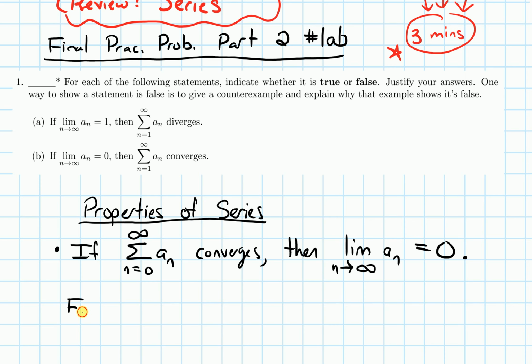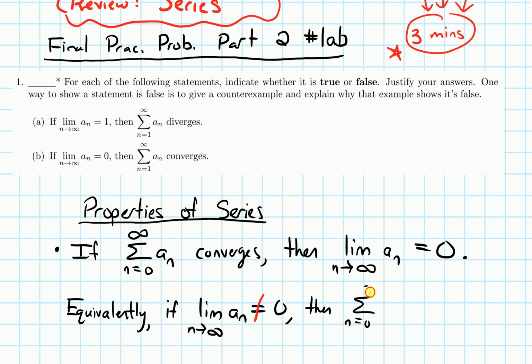Equivalently, an equivalent way to say this is, if the limit as n goes to infinity of a sub n was not equal to 0, then our series from n equals 0 to infinity of a sub n would diverge.